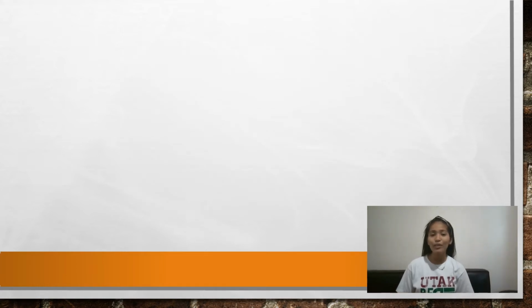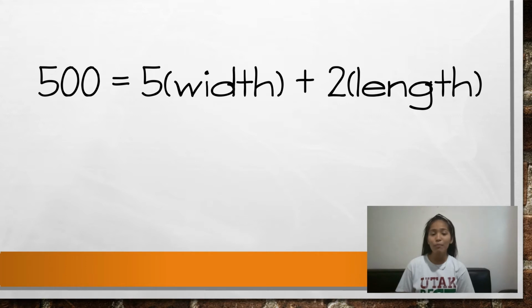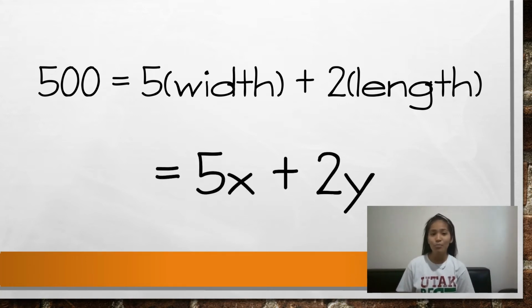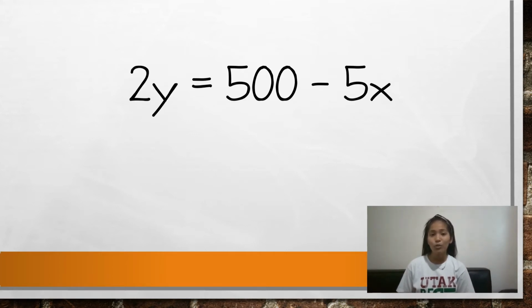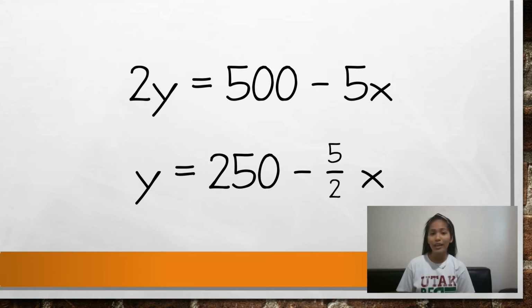The total amount of fencing is given to be 500, which is equal to 5 times the width plus twice the length, or simply 5x + 2y. So that we have 2y = 500 - 5x, or y = 250 - (5/2)x.